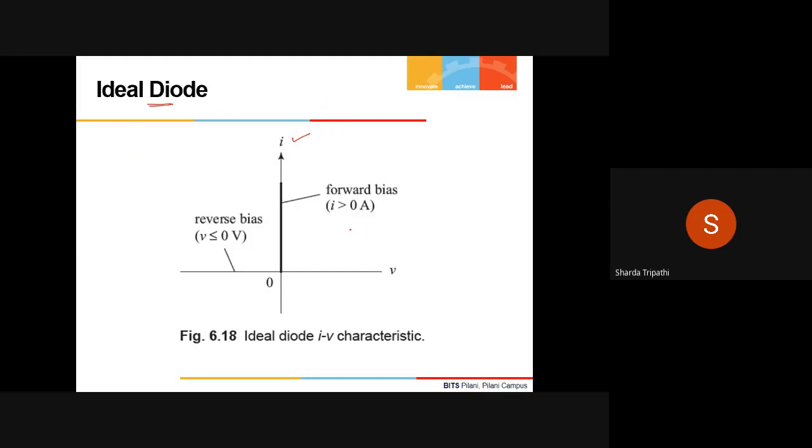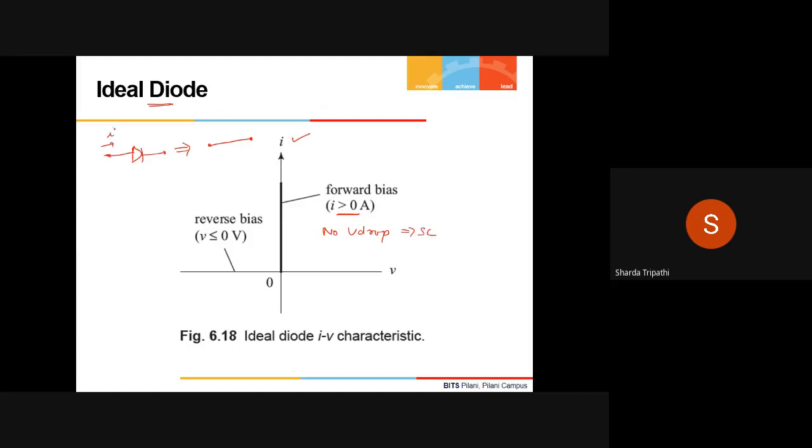So what does this mean? This means that when the diode is forward biased, I will assume that there is no voltage drop across the diode and some finite current flows through it. What does that mean? That means if this was my diode, which is forward biased, then I will just replace it by a short circuit, because no voltage drop means short circuit of the diode.